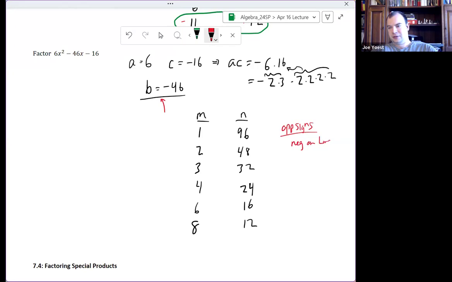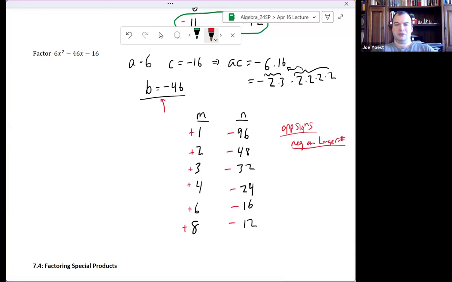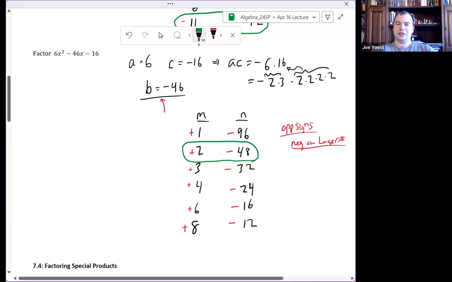Negative on the larger number. So here my n's are going to be negative, my m's positive, and I'm looking for one that adds to negative 46. And I think that is this one. Negative 48 plus 2 does give me negative 46.